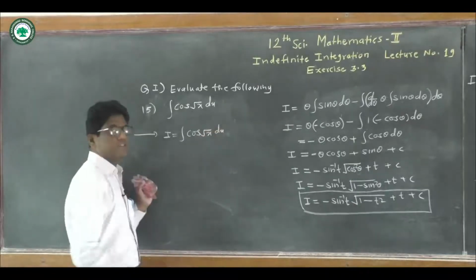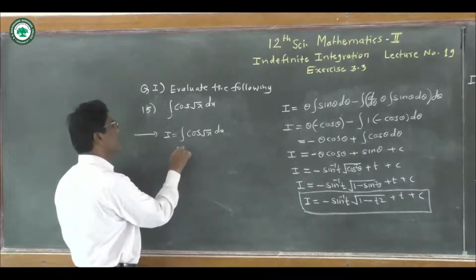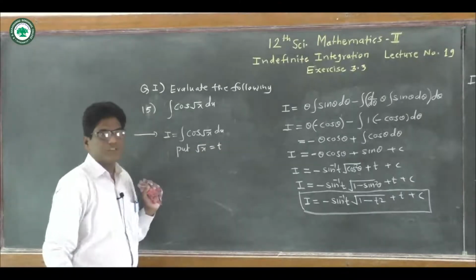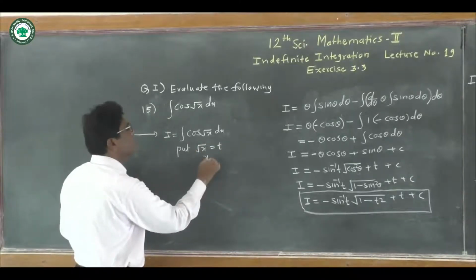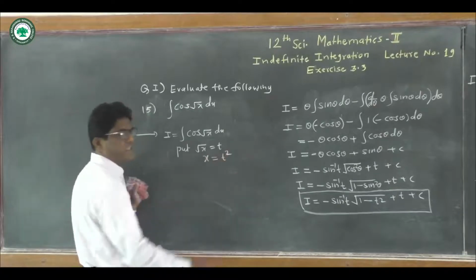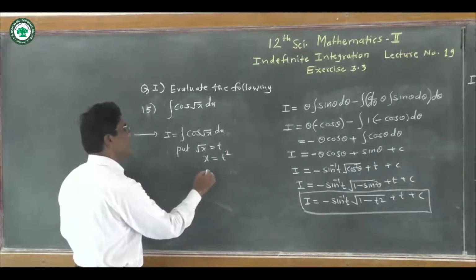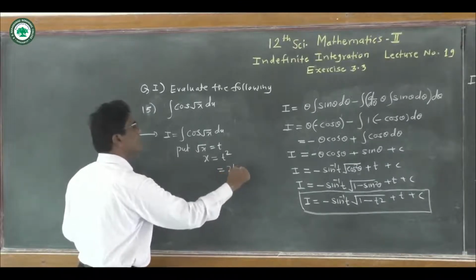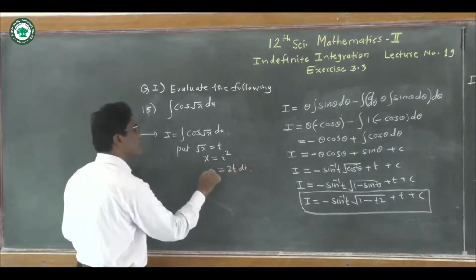Here also we use the substitution method. Put here root x is equal to t. Therefore, squaring on both sides we get x is equal to t square. Differentiate with respect to x, we get 1 is equal to twice t into dt upon dx, carry dx.